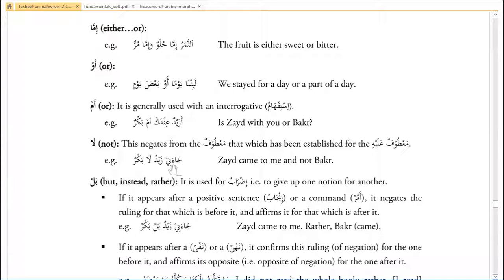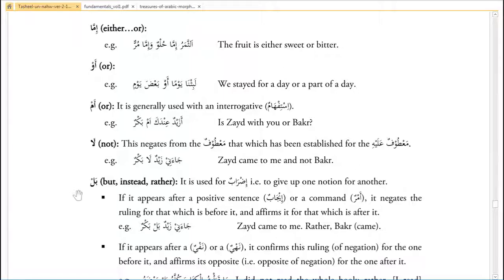Zaid came to me, not Bakar. جاءني زيد, Zaid came to me, لا بكر, not Bakar. So here it's used for la, and that is ataf, connecting two words together and telling us that Zaid came, but not Bakar.